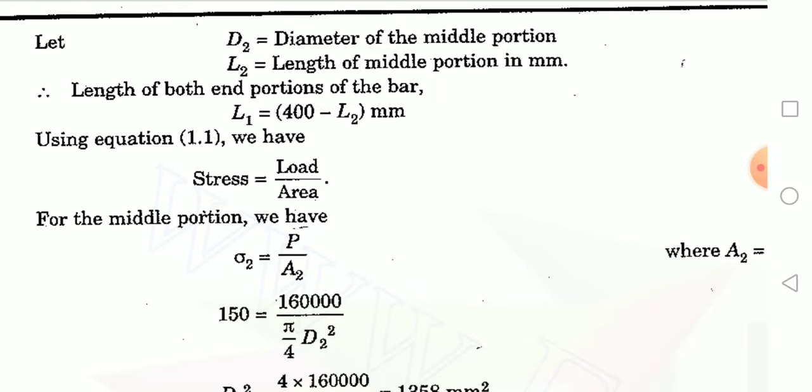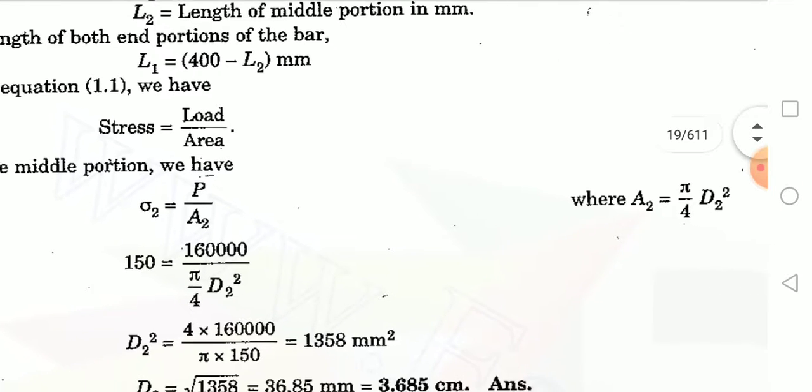Okay, now stress equal to load by area, we know very well. For the middle portion, sigma 2 is given, that is 150 Newton per millimeter squared. The load given is 160 kilonewton, which is 160 into 10 power 3 divided by, we don't know the diameter of the middle portion, therefore pi by 4 into d2 squared.